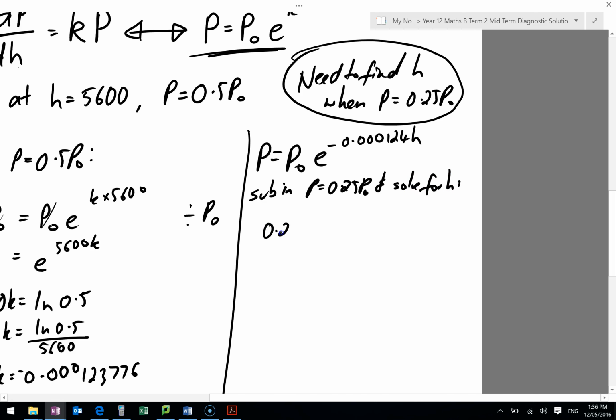So 0.25 P naught equals P naught e to the power, this massive power, times H. Again, cancel the P naughts, divide both sides by P naught.